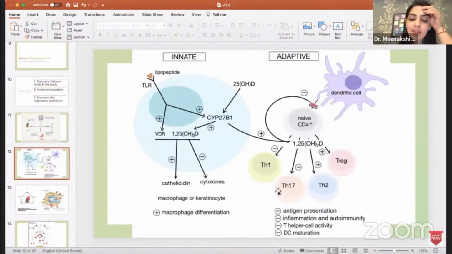So Th17 and Th1 they go hand in hand and Th2 and Treg जो है this goes hand in hand. इसके अलावा this is the adaptive immunity arm and जो innate immunity है, innate immunity is also helped by vitamin D. ठीक है, सो विटामिन डी जो है innate immunity में हेल्प करता है, adaptive immunity में Th2 रिस्पॉन्स लाने में मदद करता है. So this is the hot topic for discussion nowadays.